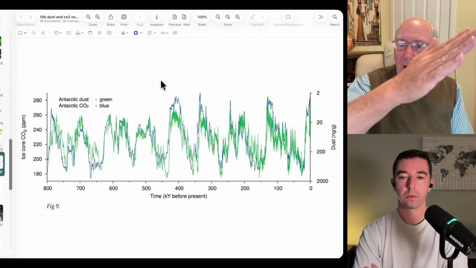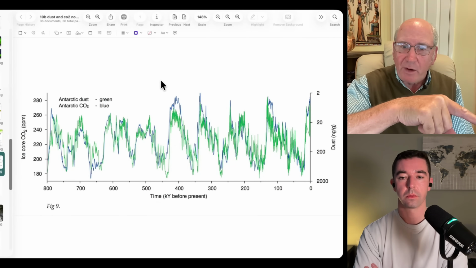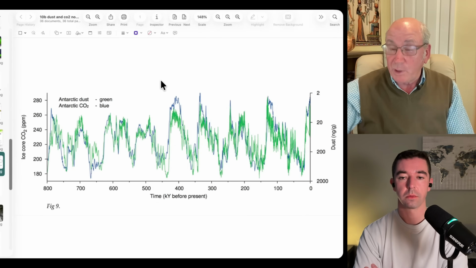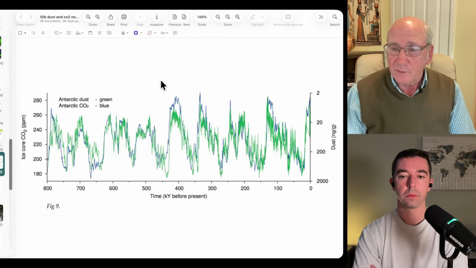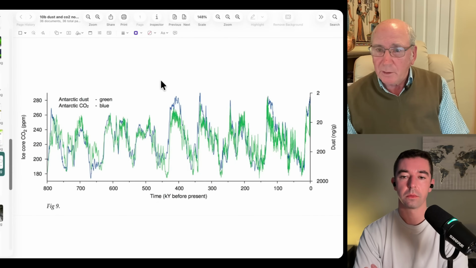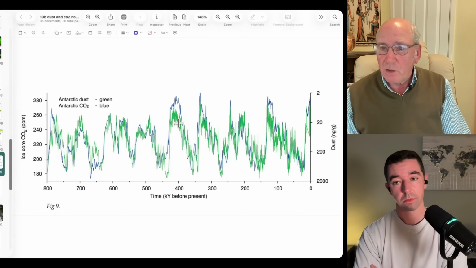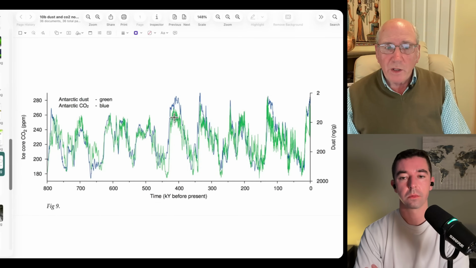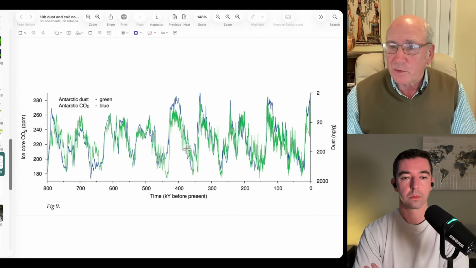And of course, the amount of land area increases exponentially the further you come down, because there's more lowlands than highlands. And it matched perfectly with this CO2 and dust graph. That's why you get this correlation between CO2 and dust, because it's coming down the mountain side, as it were.